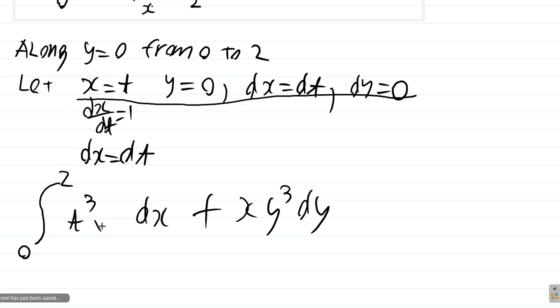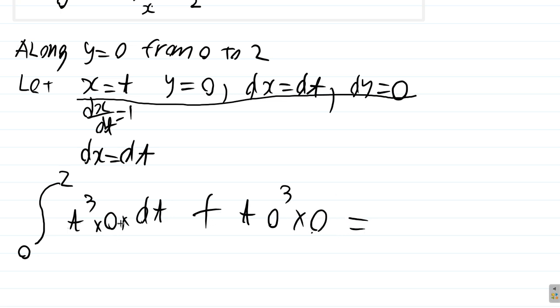So it's t cubed times 0 times dx. dx is actually now dt. Let's change out everything here as t dt. X is t, so you write t here, times y cubed. Y is 0, so this is 0 cubed dy. dy is 0. So it's 0 cubed times 0.